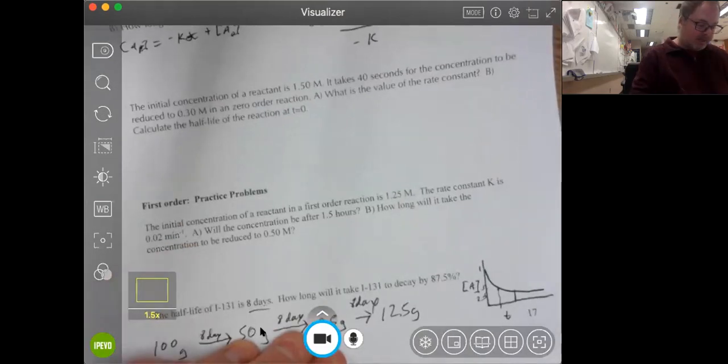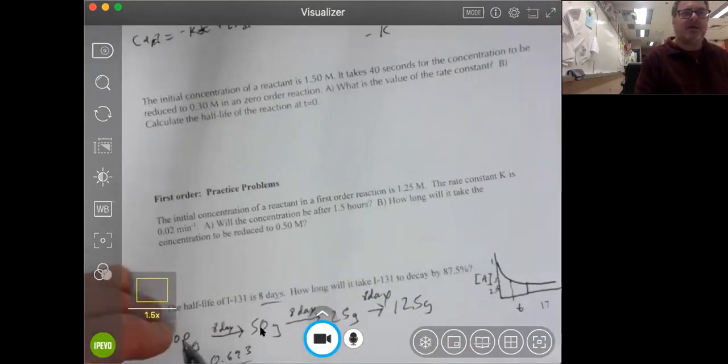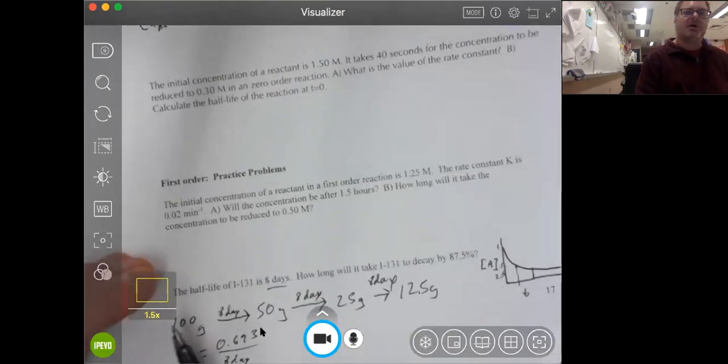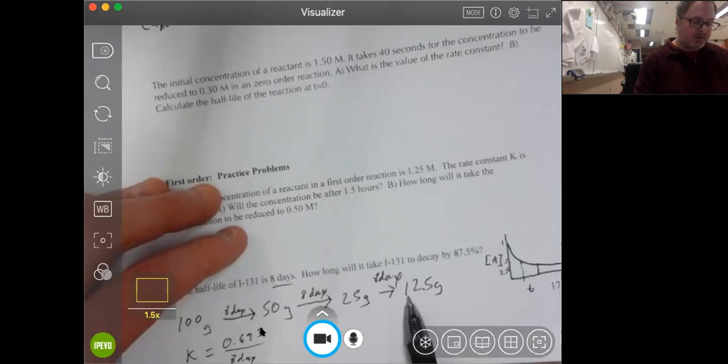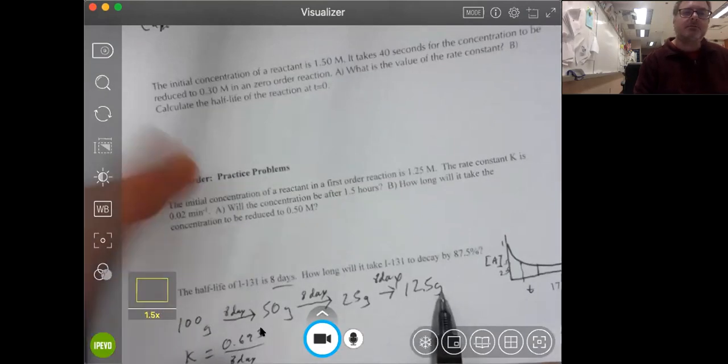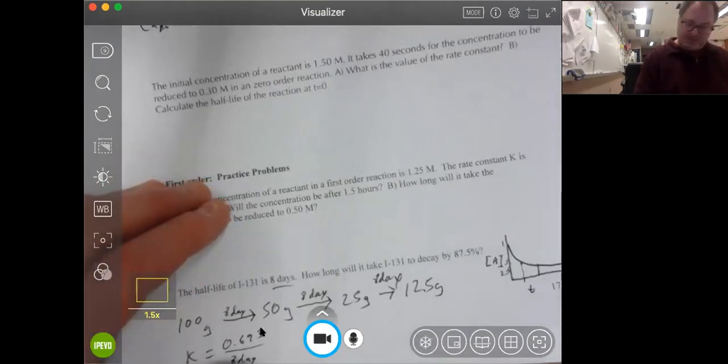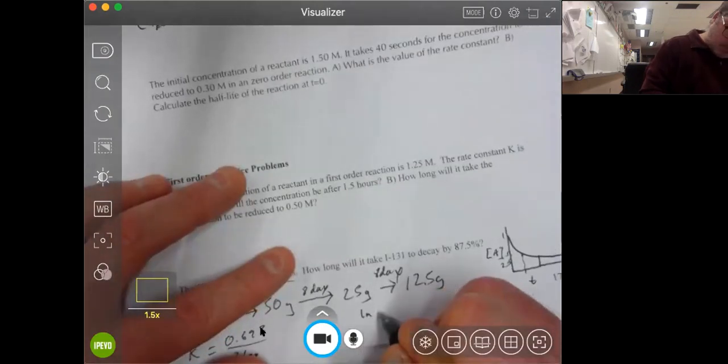So it is decaying. So you could start with, just like we did, 100, or you could start with 1, and then your final would be 12.5. Or I'm sorry, if you started with 1, it would be 0.125. And basically plug that into this one right here.